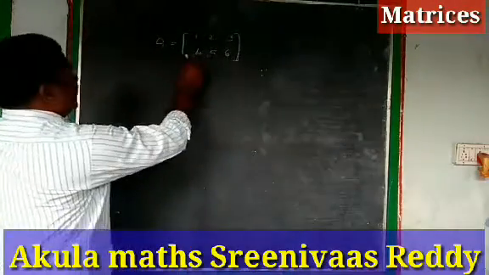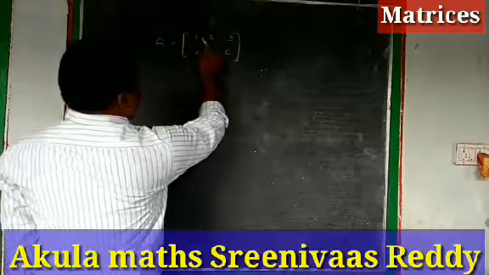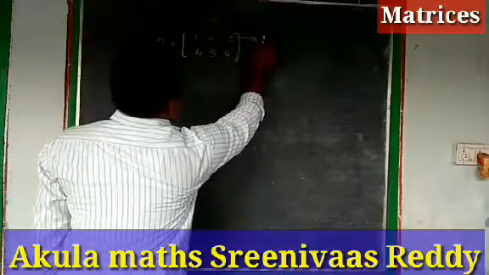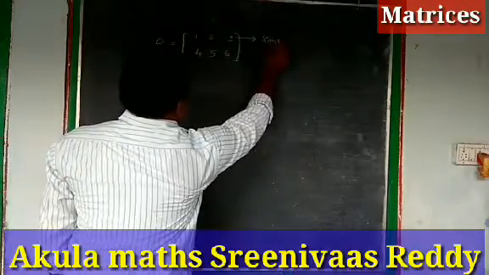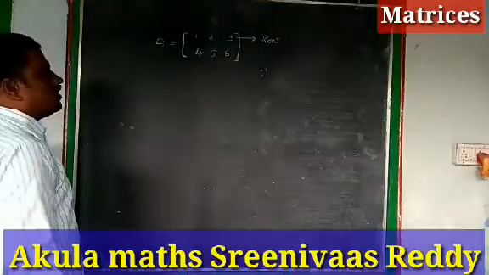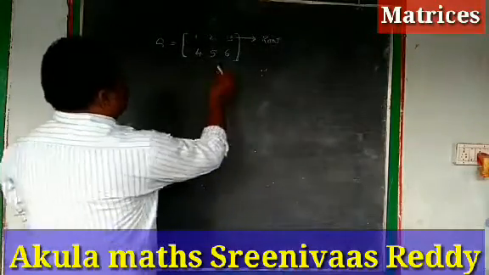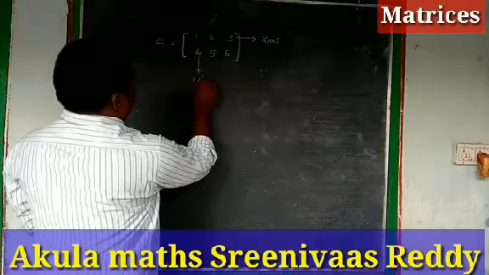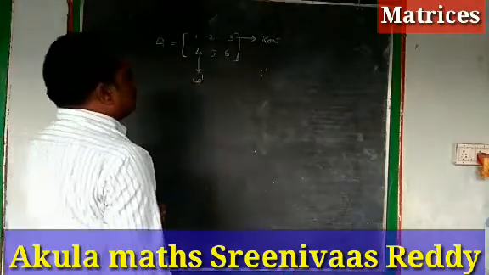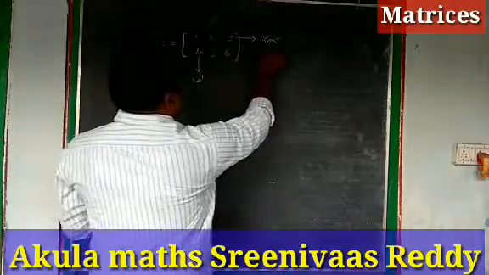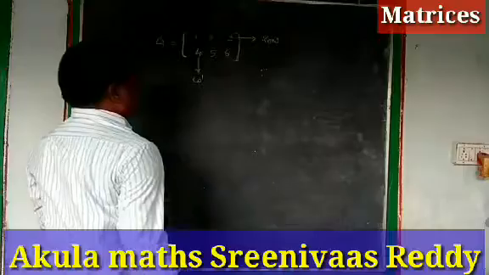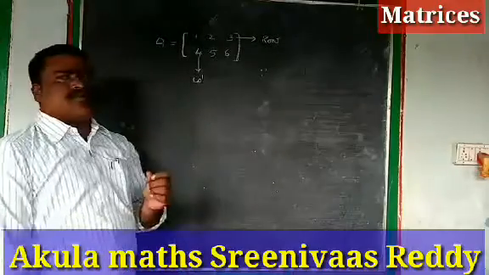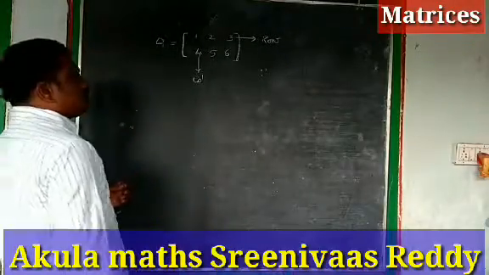Here, parallel to the base are called rows, and perpendicular to the base are called columns.